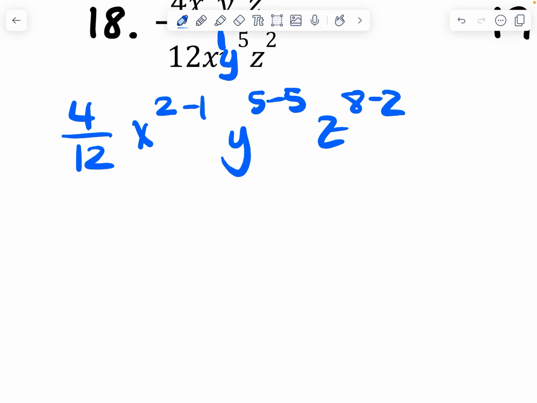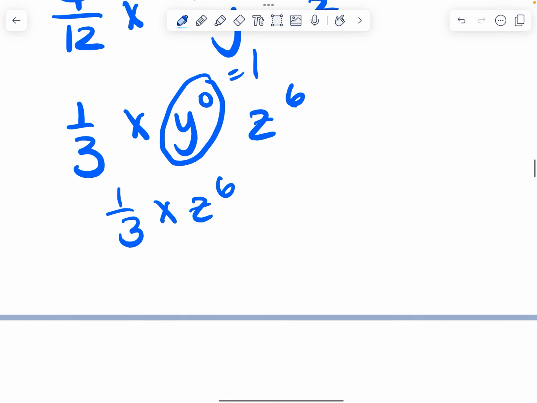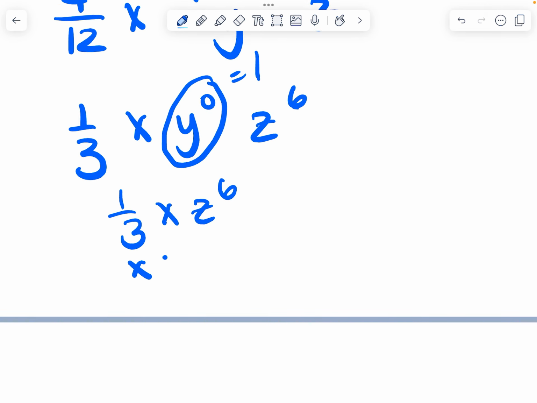So the fraction becomes 1/3 x, y to the 0, z to the 6th. Now this right here, that just turns to 1. So 1/3 x z to the 6th. And you can also write that as x z to the 6th all over 3.